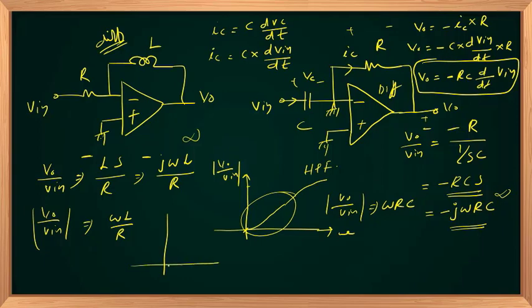The ideal response of a high pass filter will look like this. Sharp change here. Gain will be 0, V out by V in magnitude will be 0, then the magnitude goes to maximum value. Ideal high pass filter.